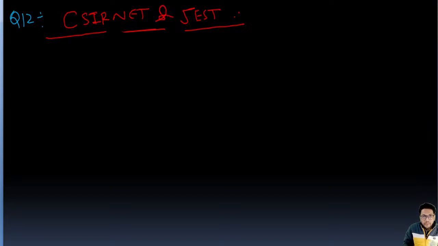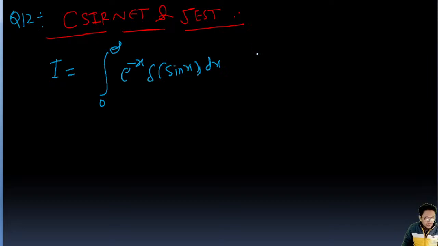I'm writing the question first. You need to find I equal to the integration from 0 to infinity of e to the power minus x times delta of sin x dx. Options are given.